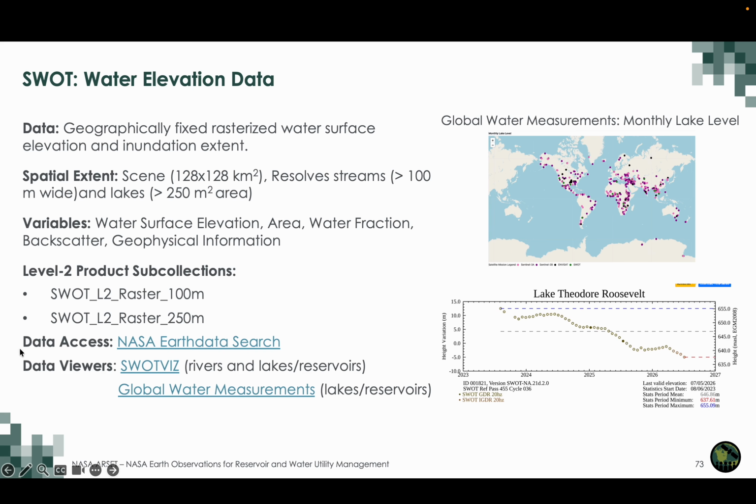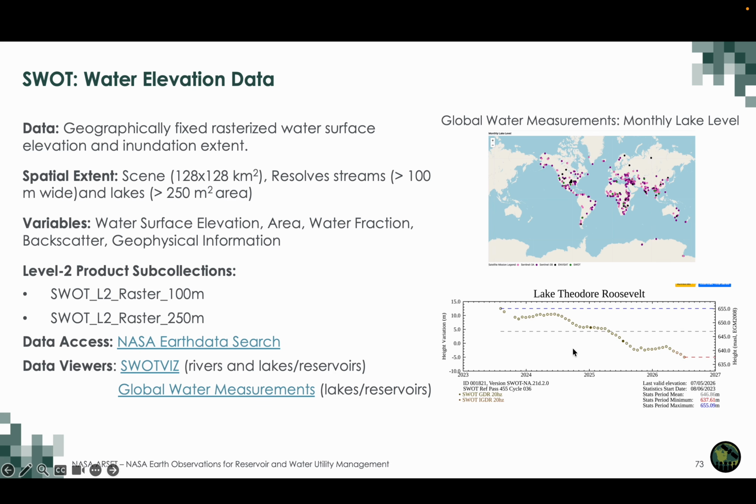Data can be accessed through NASA Earthdata Search, and there are data visualization and download portals as well, SWOTviz and Global Water Measurements, and during this training we will be reviewing both of them. An example is shown here from Global Water Measurements. You can see different lakes, and they are from all past as well as SWOT data, but the time series shown here is for Lake Theodore Roosevelt in the western US.